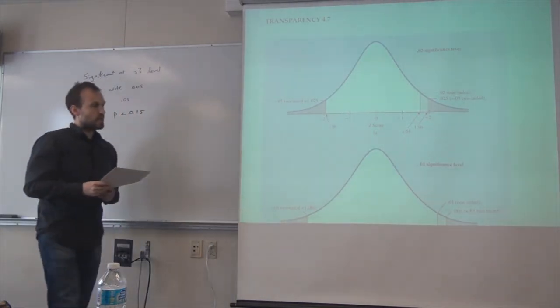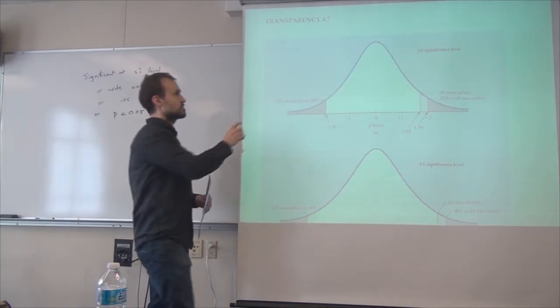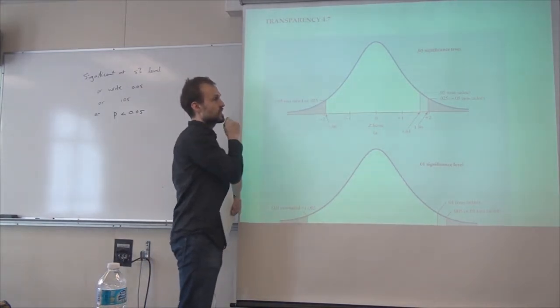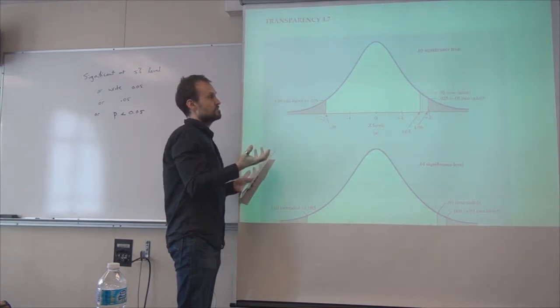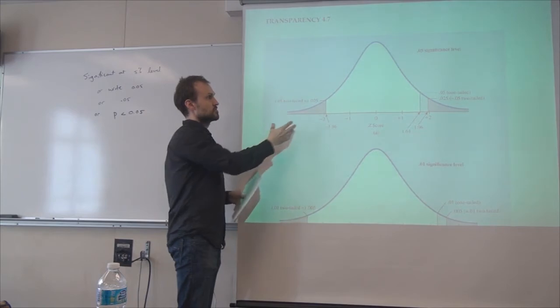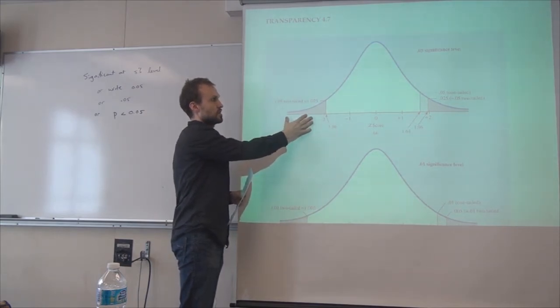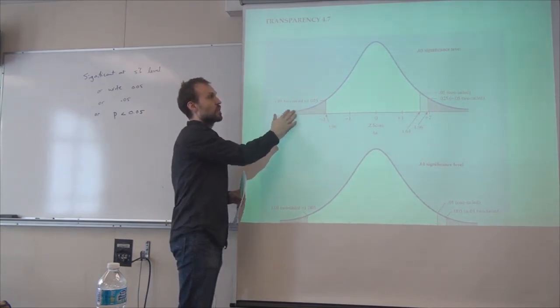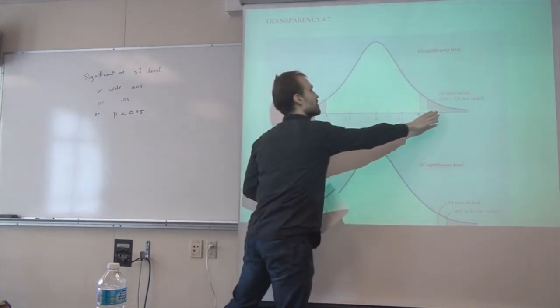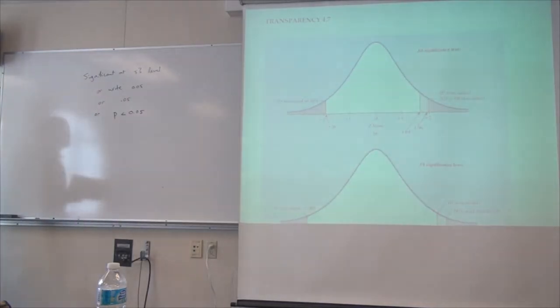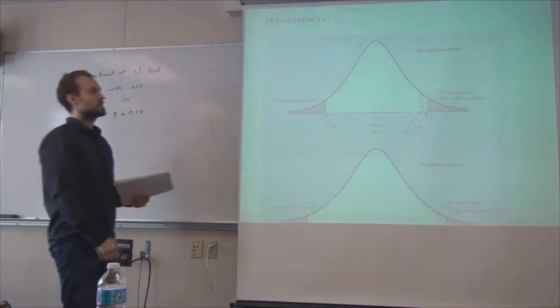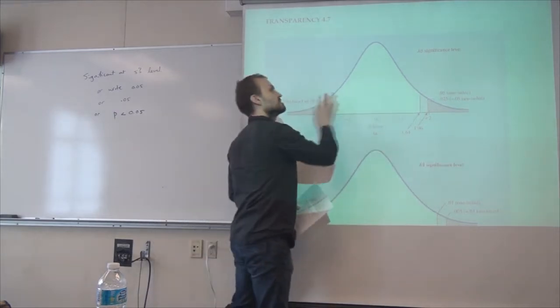If I still use a 5% significance level, I now have to split that up into two pieces to cover when my sample is far to the left, but also far to the right. So now I'm dividing the 5% into 2.5% pieces to cover each side.